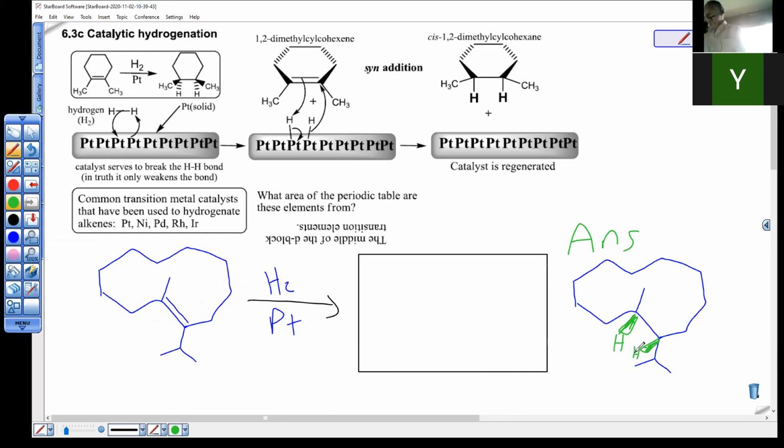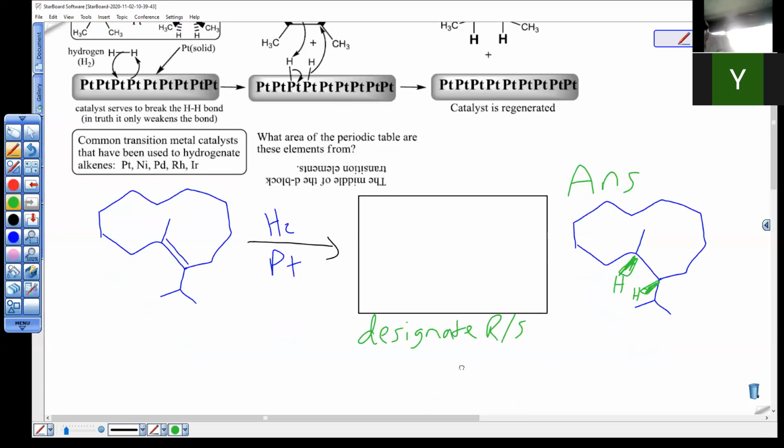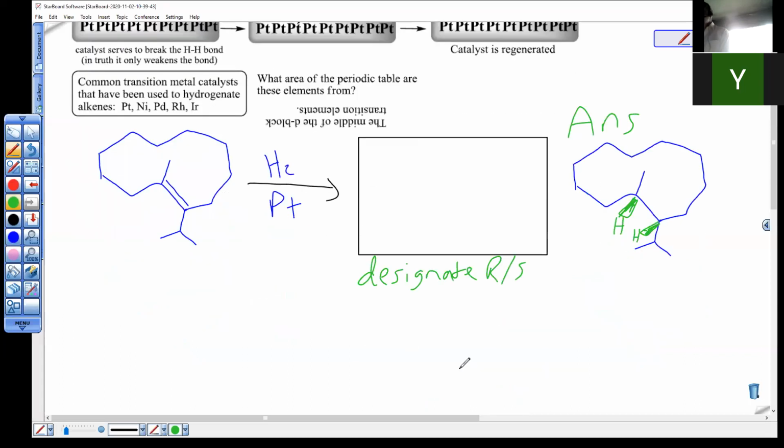And if I asked you to designate R and S for each stereo center, could you do it? I think you could. You do remember, this is only 50% of the product.